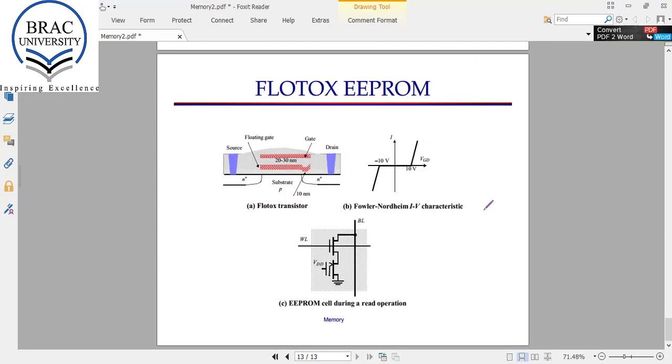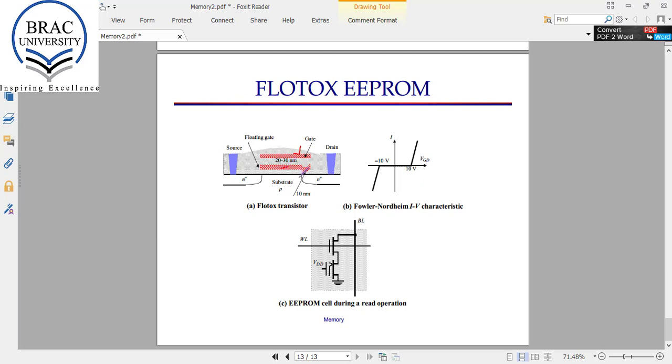After this we have the EEPROM, that means electrically erasable PROM. For this ROM we use another type of transistor that is called FLOTOX, floating gate tunneling oxide transistor. In this case, this is the gate, and here we have this floating gate.